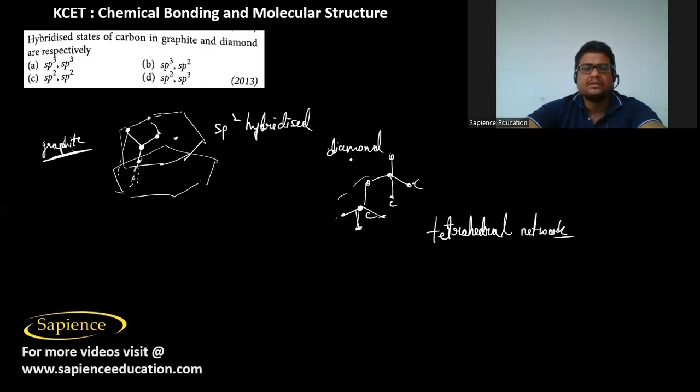So in diamond, every carbon atom is sp3 hybridized. So it means the hybridized state in graphite is sp2, and for diamond it is sp3.